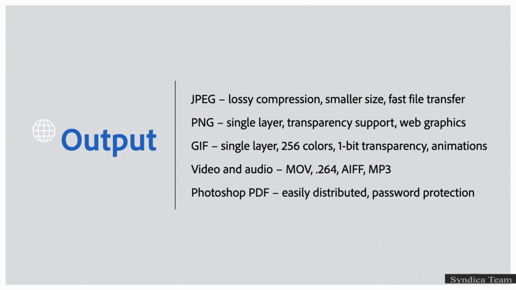Now, the GIF file format is also a single layer or a flattened file format. It has lossy compression applied, but in a different way than a JPEG. So to save as a GIF file, you have to convert your image to a different color mode called index color, which only allows 256 colors. Because of that, this file format is also commonly used for graphics like logos or more flat-looking artwork.